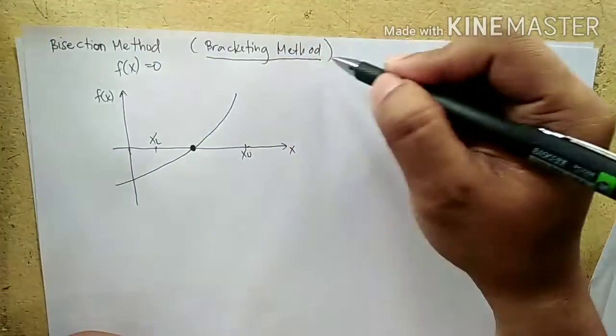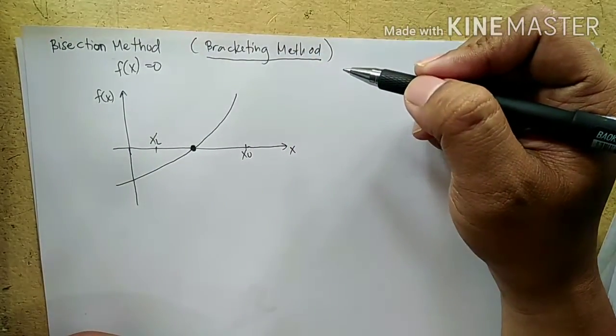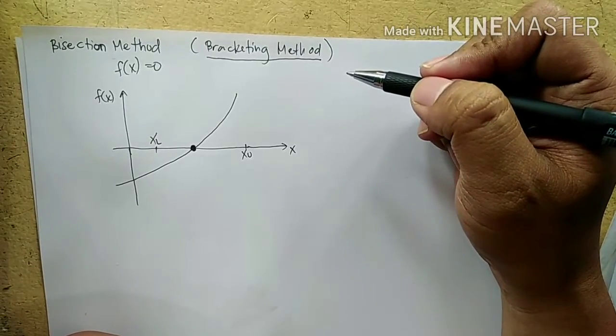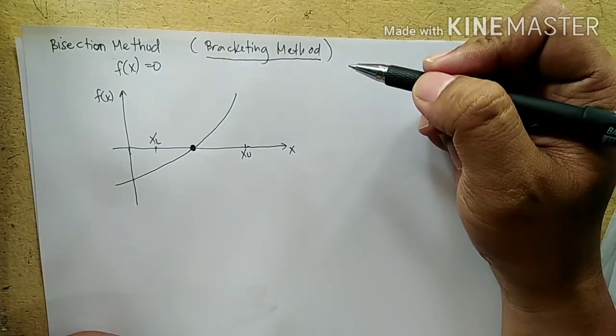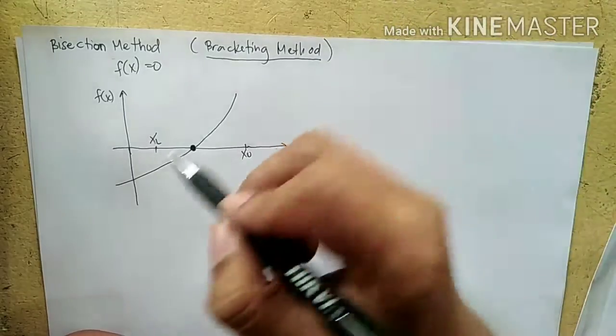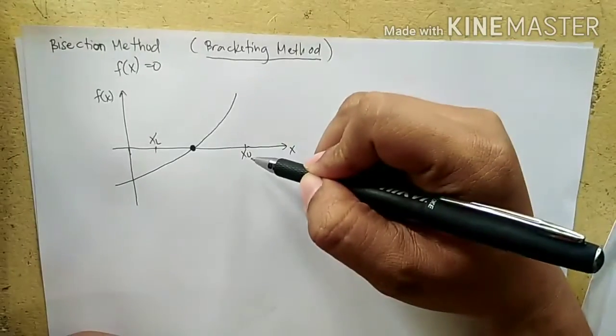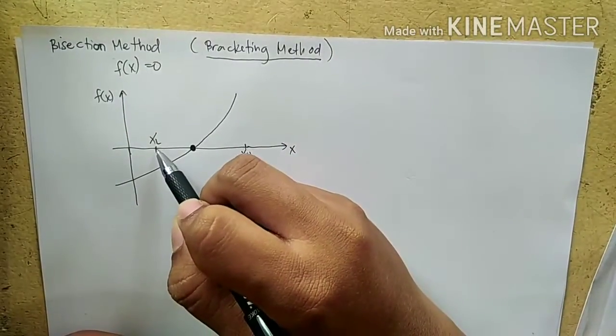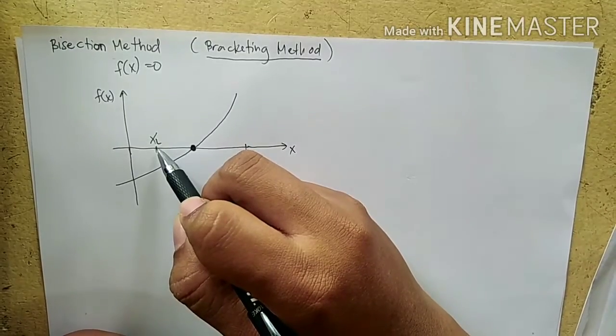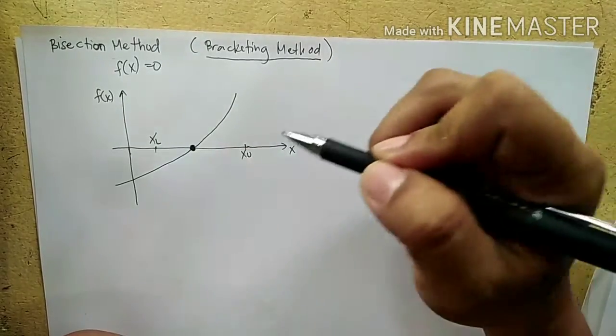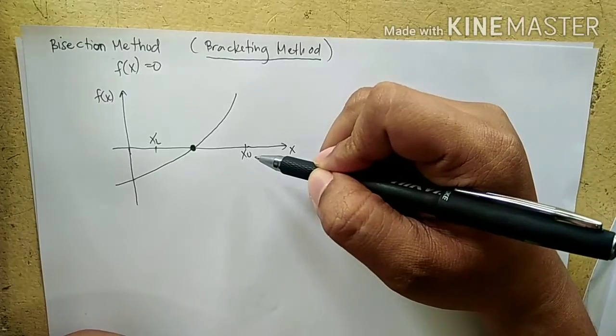If it is a bracketing method, we need to bracket the real root with our estimate values. So in our example, we use X sub L and X sub U. X sub L is the estimate value for the lower value of X, and this is the upper value of X.